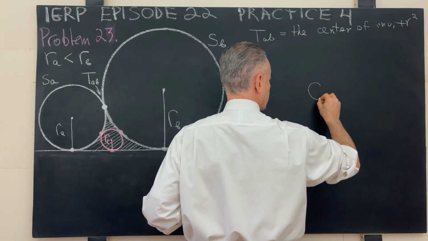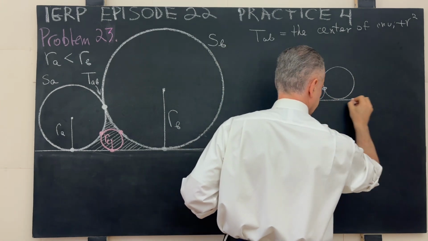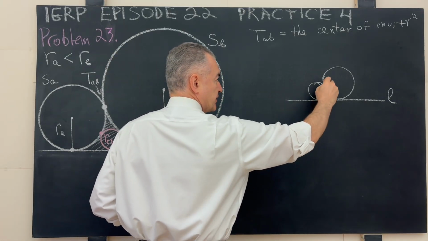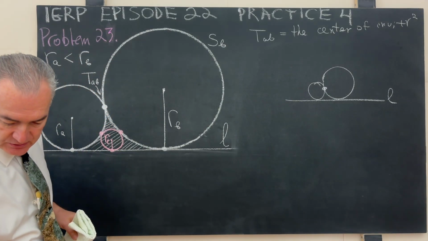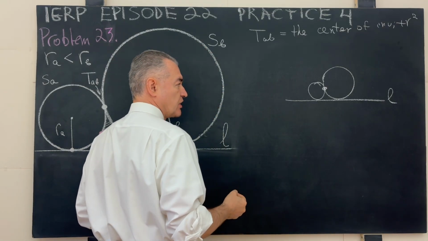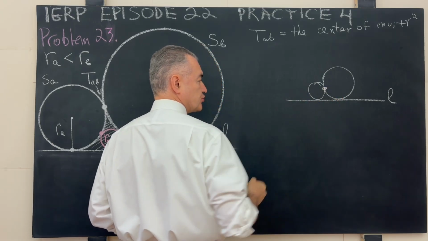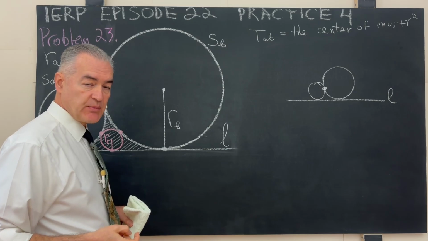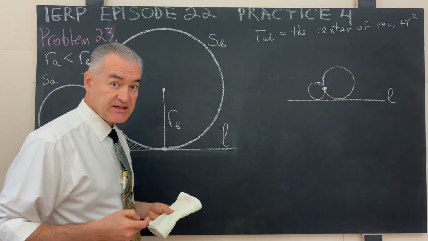So let's say this is our smaller circle, this is our larger circle, this is a straight line, L. The two circles that touch at this point will be taken into what? They will be taken into, let's draw their images with a chalk of different color. If the point of external tangency of these two circles is chosen to be the center of inversion, then under the inversion of the parent plane with respect to a circle that is centered at that point and has any non-zero radius.